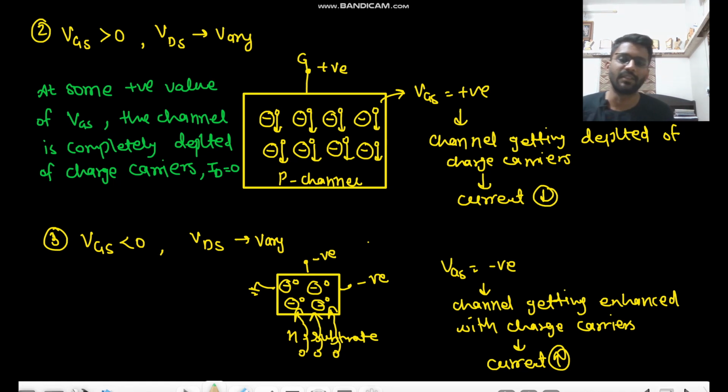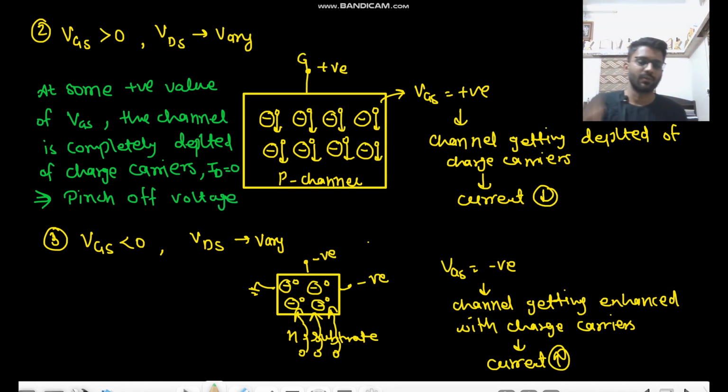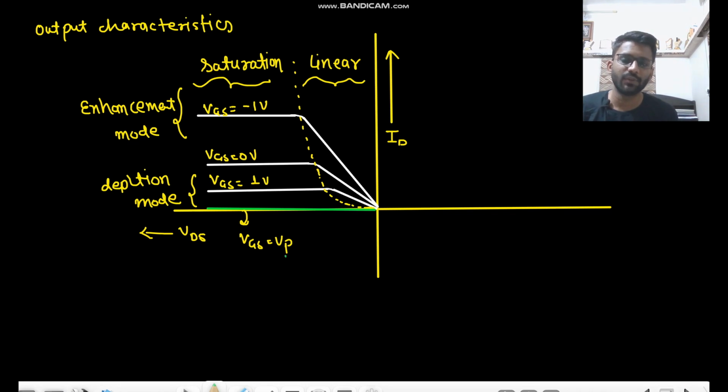That potential will be called the pinch-off voltage. So at some positive value of VGS, that is VGS equals VP.